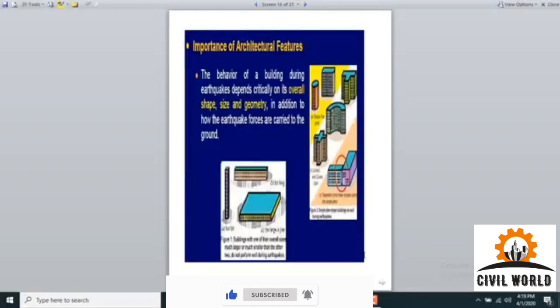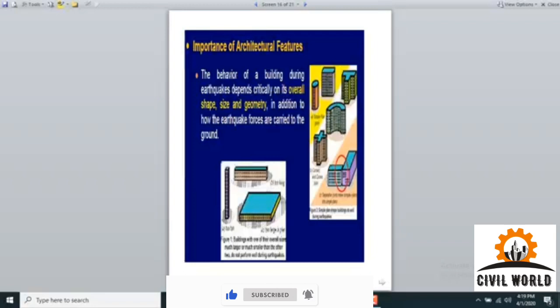In this slide we are discussing some geometrical properties of structures on the basis of seismic designing. As far as seismic designing is concerned, first we will be discussing this figure. In this figure, 3 types of structures have been represented. This structure here is showing continuity along the x-axis and some continuity along the y-axis.